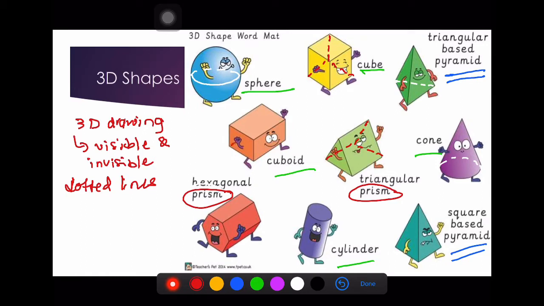Similar with a cuboid. And also a square based pyramid, so make sure the base is square and join the dotted lines. And this is a cylinder, and this is a hexagonal prism.